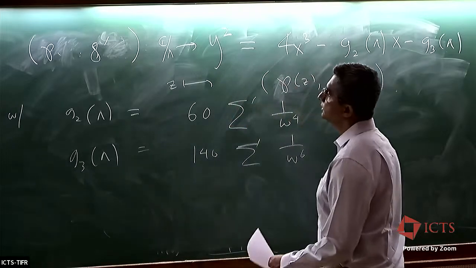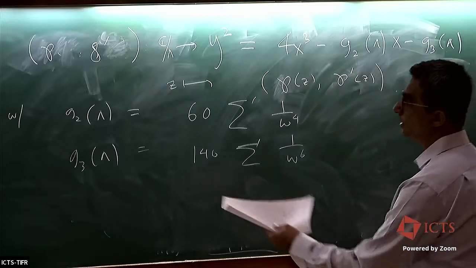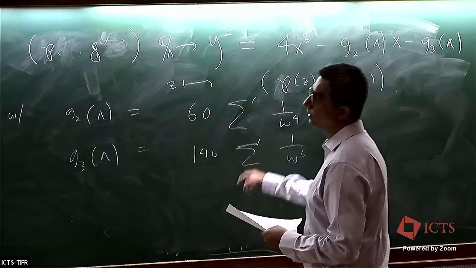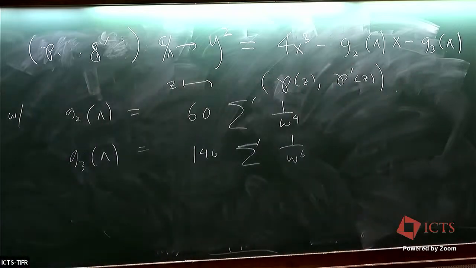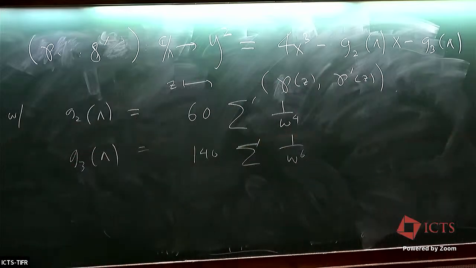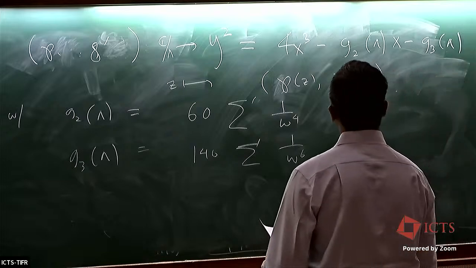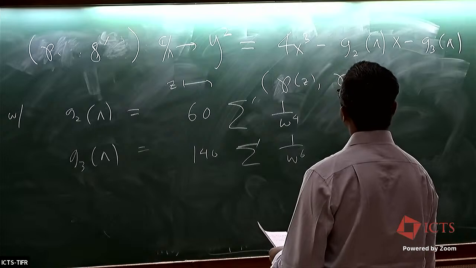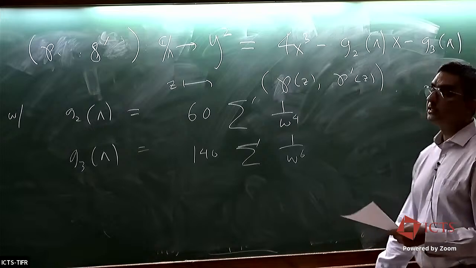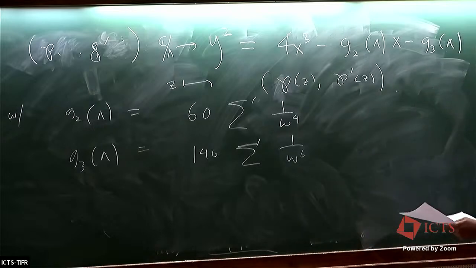The prime means you sum over everything, I didn't say it maybe earlier, you exclude 0, because I don't want to divide by 0 here. The main thing to check is that the series converge, etc. Okay, and these are also, of course, related to Eisenstein series, which I skipped, but fine.